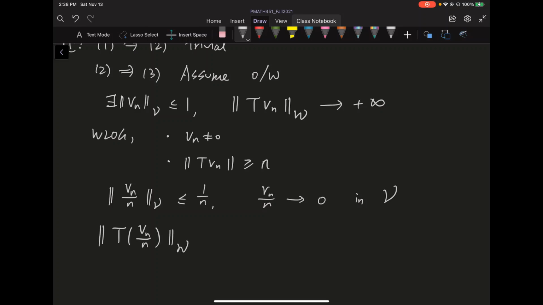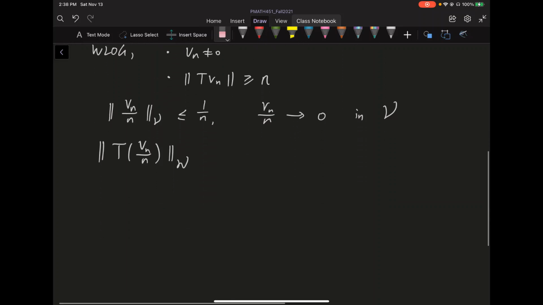well, T itself is linear, so I can pull out the 1 over n. And the norm also lets you pull out the scalar, since it's a norm. So that equals 1 over n, moved outside, times the norm of T of v_n. But by our assumption, we chose v_n so that the W norm of T of v_n is greater than or equal to n.